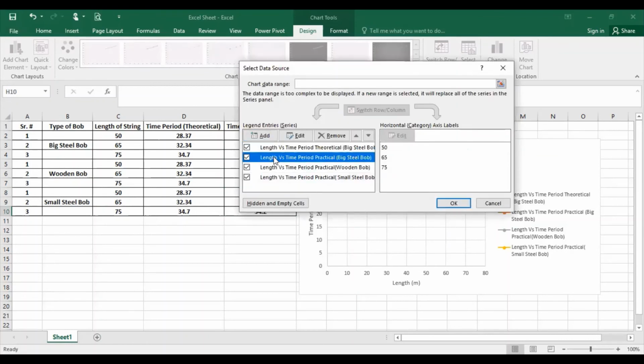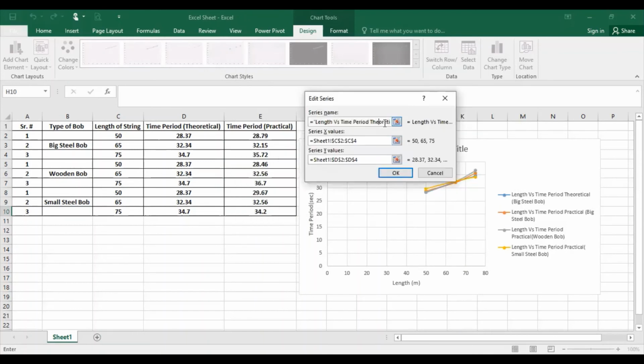So let me change one thing. I have taken theoretical values and I wrote here that it's only for the steel bob, but it is not so.